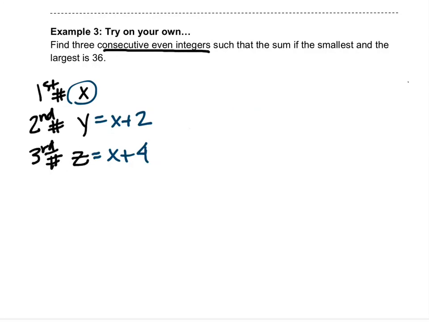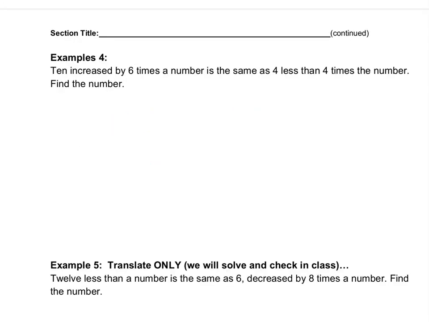Thanks for pausing and trying that one on your own. We're going to go ahead to example number 4. So example number 4 says 10 increased by 6 times a number is the same as 4 less than 4 times the number. We're going to find the number. This is the side in which we're really using variables on both sides.